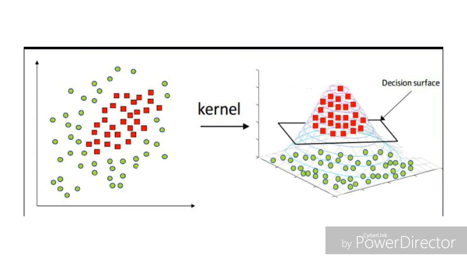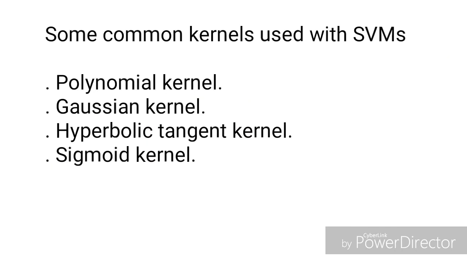It basically transforms the lower dimensional space into a higher dimensional space in which the data points are linearly separable. In this figure, we can see the data points on the left transformed into higher dimensions on the right, and then they can be separated by a straight plane. Some common kernels which can be used are polynomial, Gaussian, hyperbolic, sigmoid.